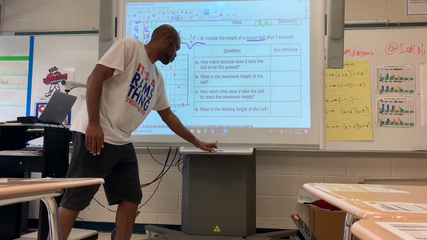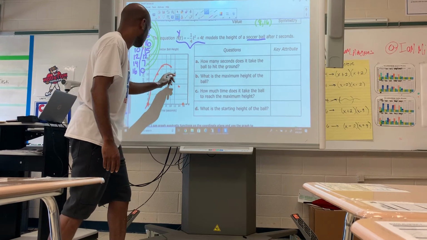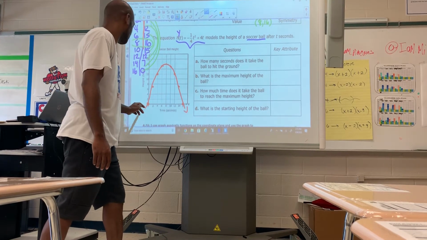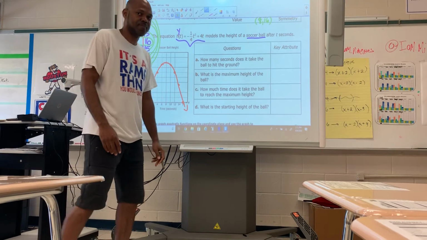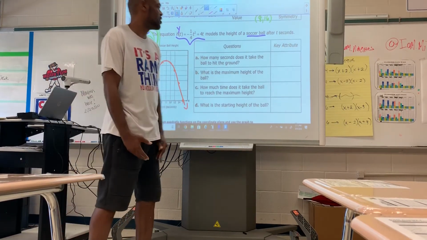So once again, what shape do we have? We got the parabola shape. This is where it starts. This is where it ends. So we can answer these questions.